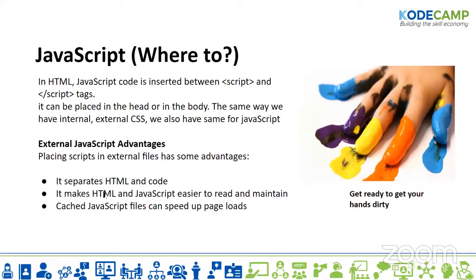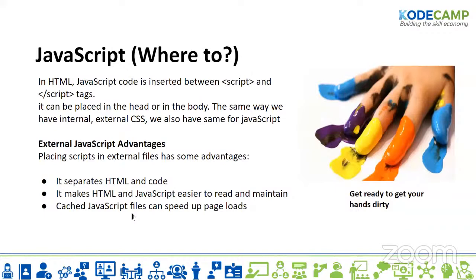I'm actually going to show us how these things work so that you understand what is really happening. When you have cached JavaScript files, they speed up your page load. You don't have to fetch it again to reload your page.